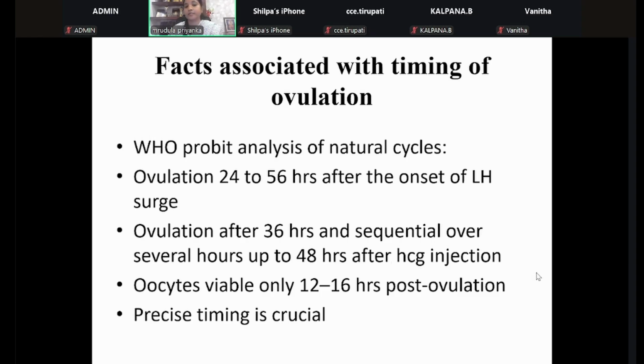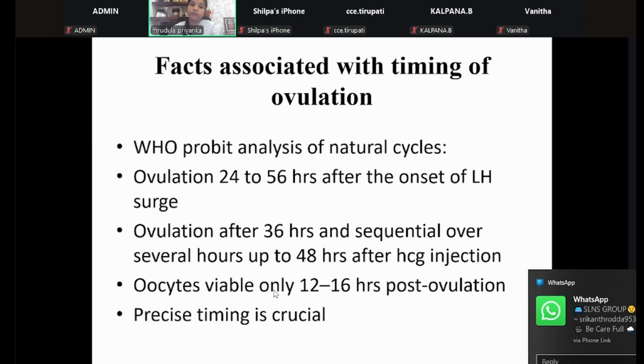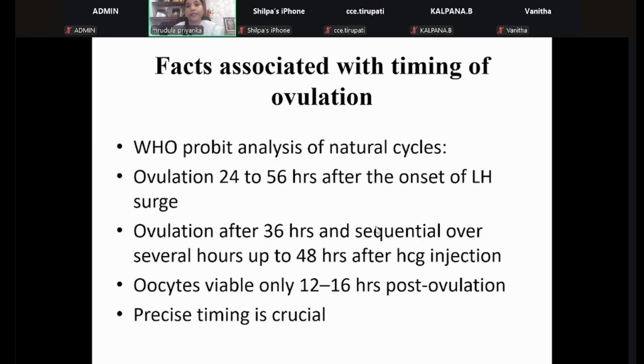The oocytes are viable only 12 to 16 hours post ovulation, and if they don't connect with their counterpart, the sperm, they start disintegrating. So the precise timing of IUI is crucial.